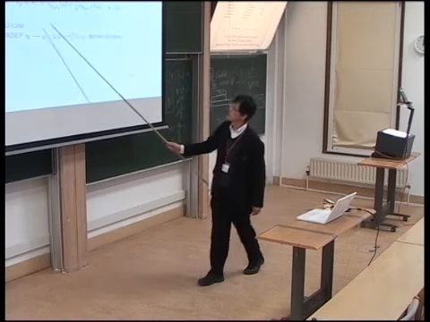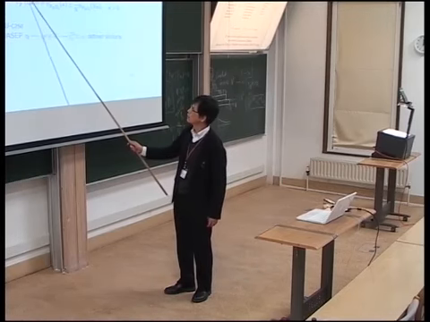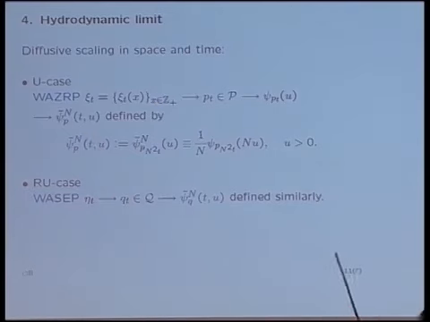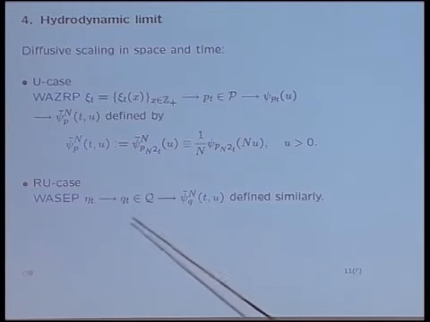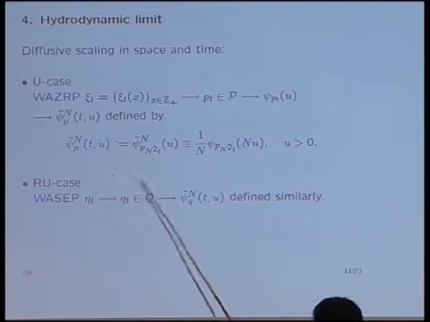Then I define the scaled motion of the Young diagrams in this way, and in a similar way, we can define it in the restricted uniform case. So what is the limit for these two objects?